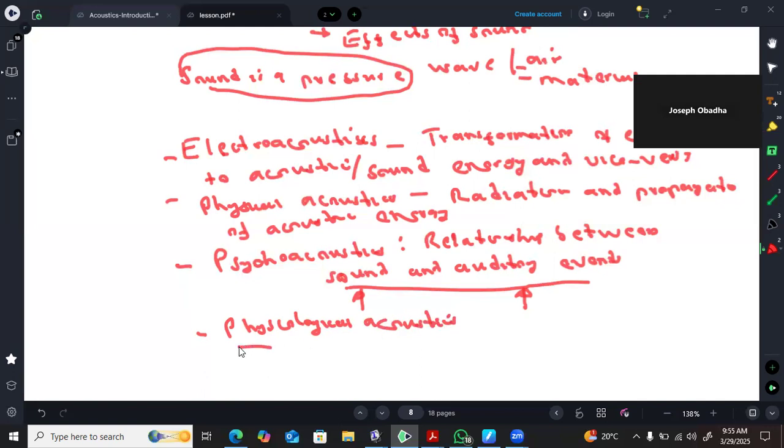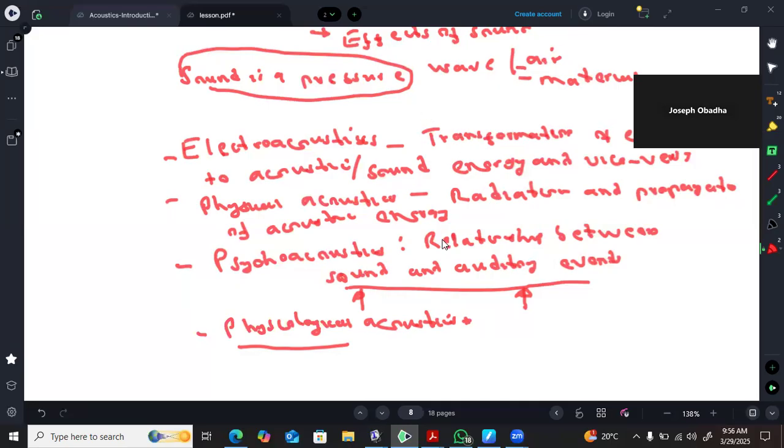Physiological acoustics, as the name suggests, has something to do with physiology, which has something to do with the body, for example, the human body.